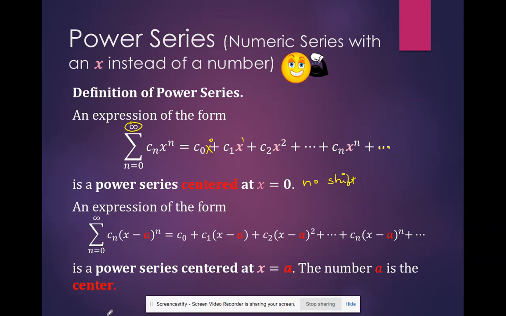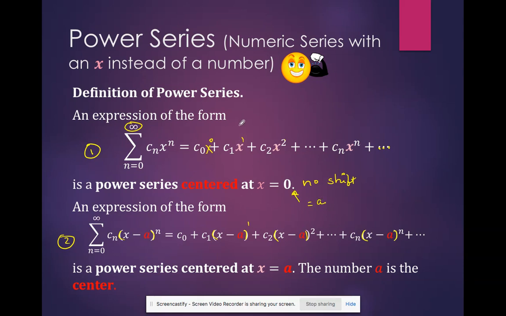If you have a shift, then the only difference between expression 1 and expression 2 is that inside the parentheses, before the power, there has been a shift on x. So instead of the power series being centered at 0, it's centered at a. Of course, this is a power series centered at a also.